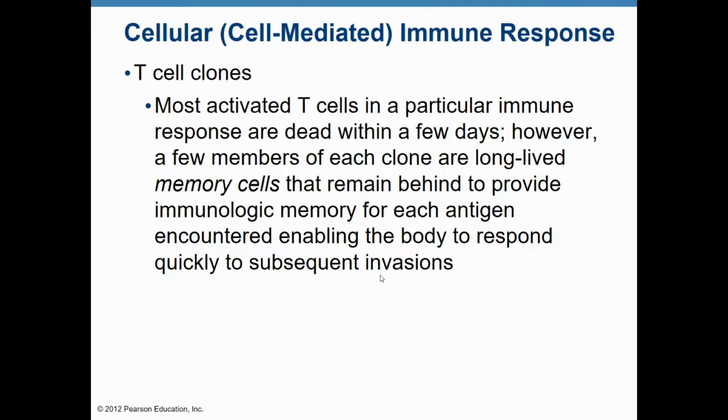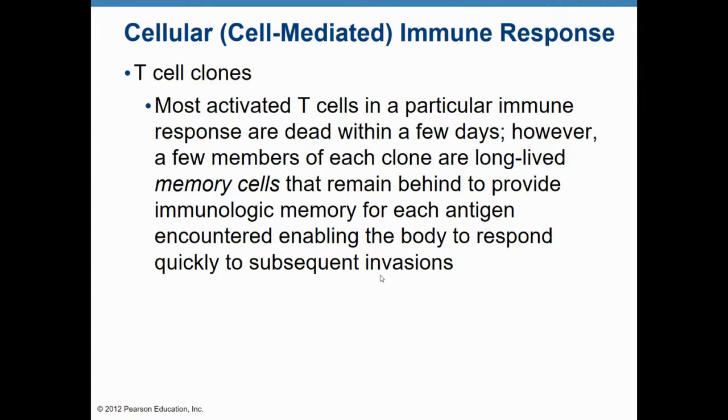Now, when we look at our clones, most of our activated T cells in a particular immune response are going to be dead within a couple of days. But just like our B cells, we are going to get memory T cells, and they are going to remain behind for your entire life.